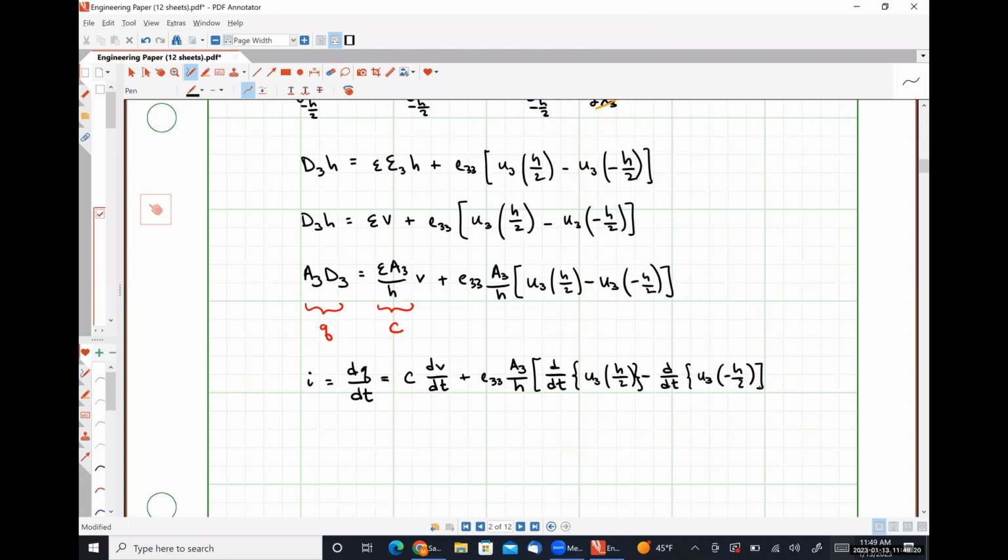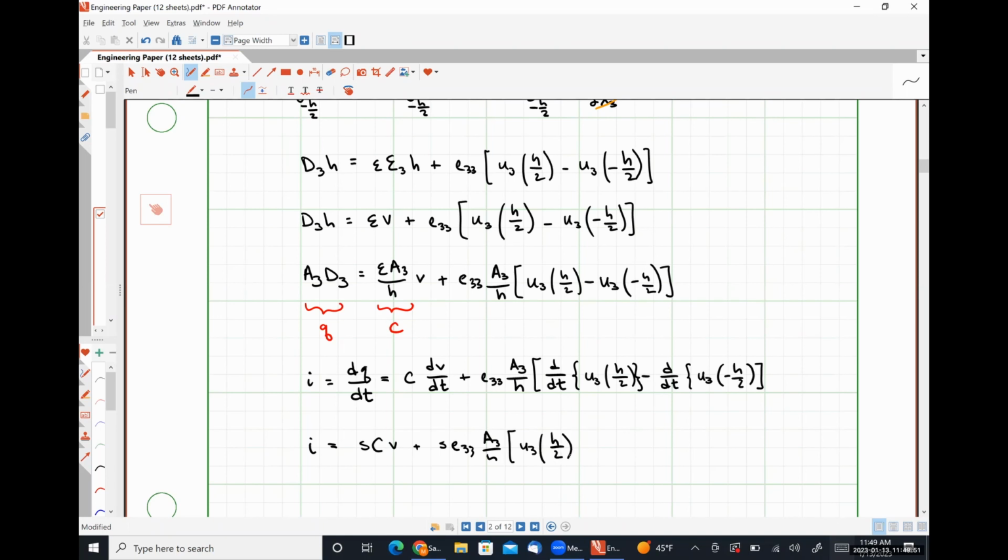So in the frequency domain, just to make the math easier, these derivatives are simply multiplying by S. So what we'll have is a current I that is equal to SCV plus S E33 A3 over H times U3 at H over 2.